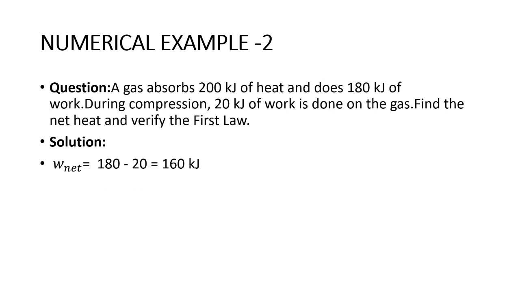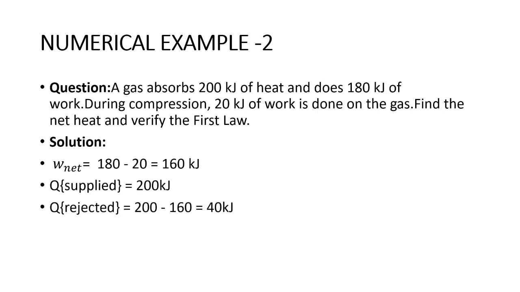Wnet is 150 minus 20, which is 130 kilojoules. Q supplied is 200 kilojoules, and Q rejected is 200 minus the net work. Wnet equals Qnet, so energy is conserved from the first law.